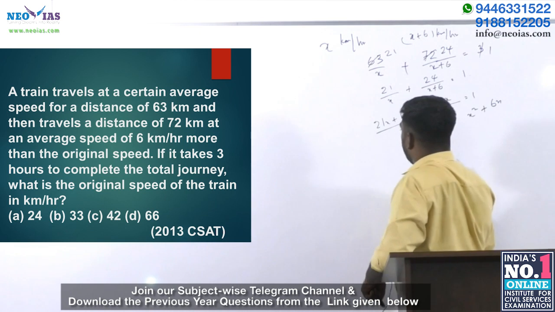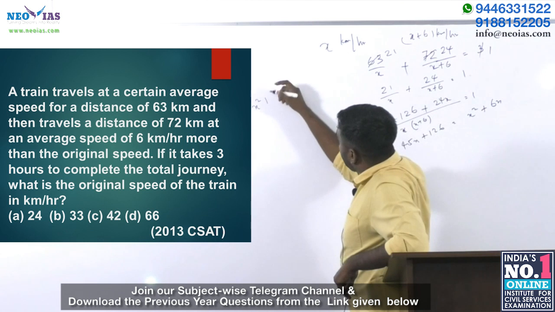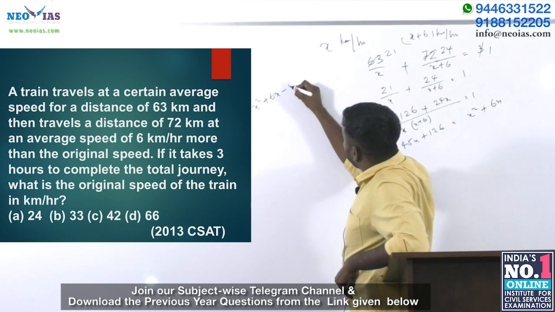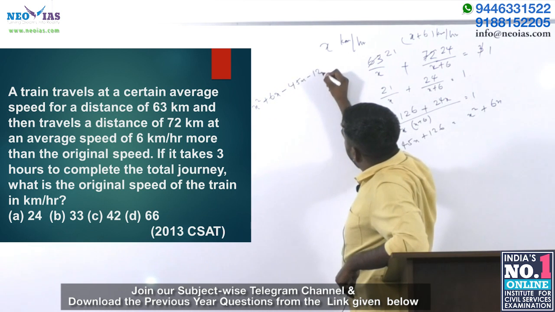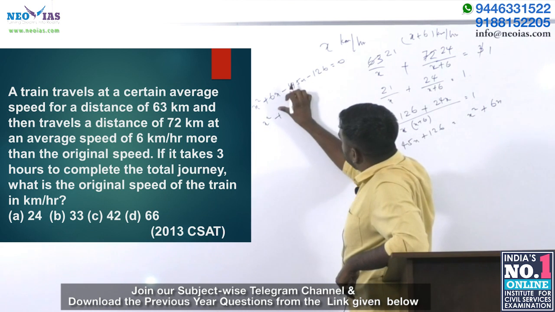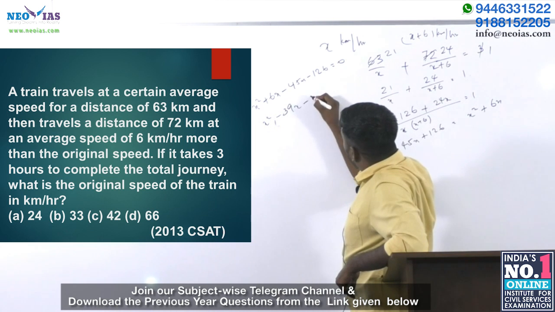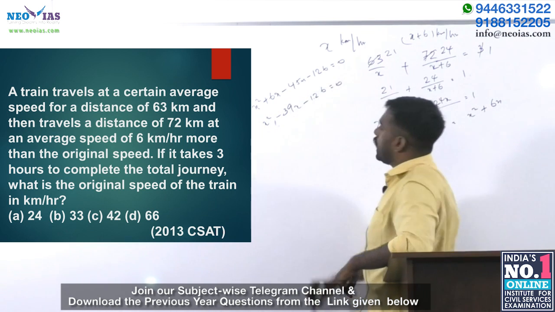From here you can write x square plus 6x minus 45x minus 126 equal to 0. So x square minus 39x minus 126 equal to 0.